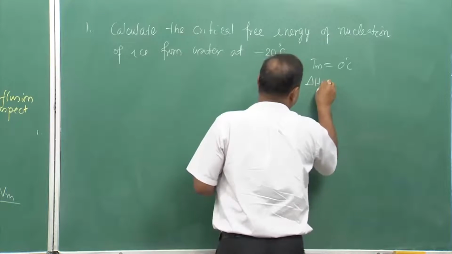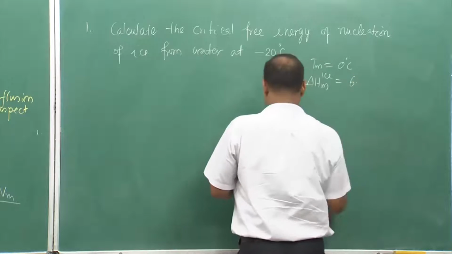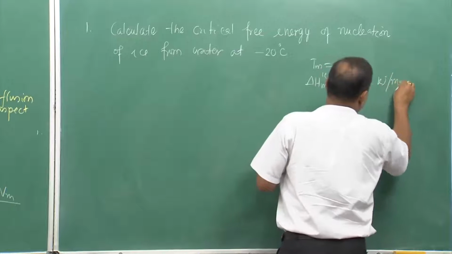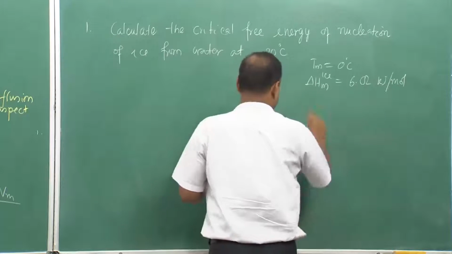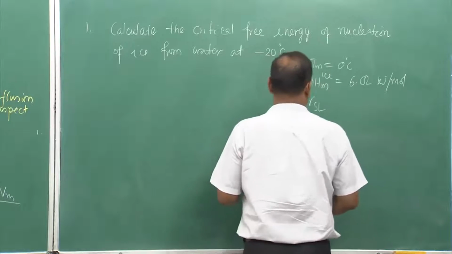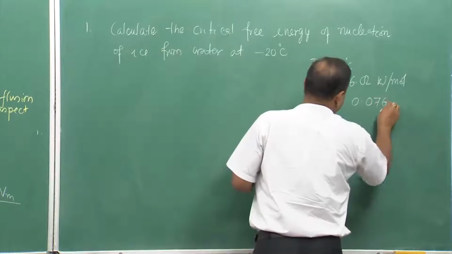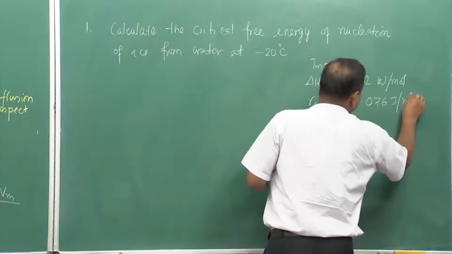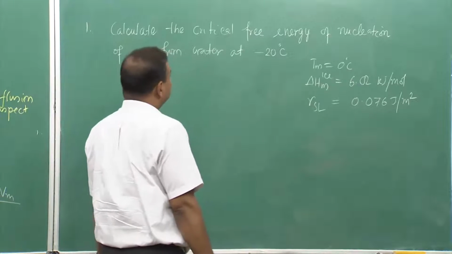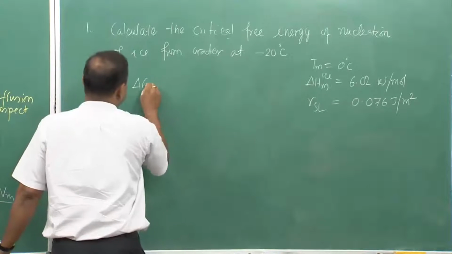delta Hm of ice is equal to 6.02 kilojoule per mole, and gamma SL, which is the ice-water interface energy, is 0.076 joule per meter square. And also, while calculating this critical free energy, we have to calculate delta G star.